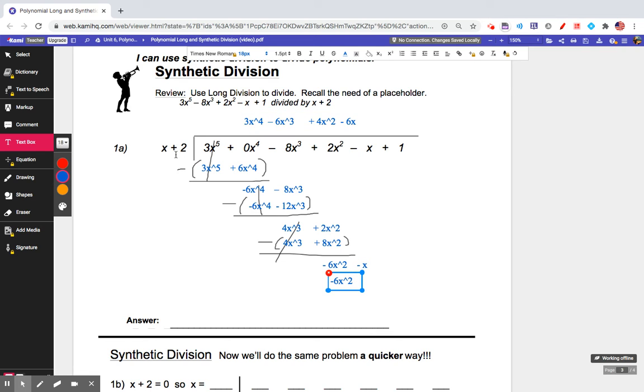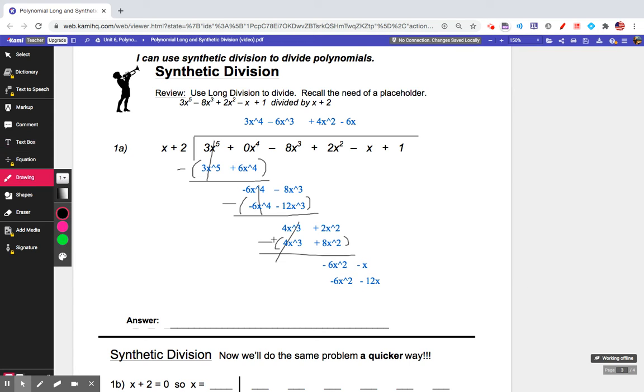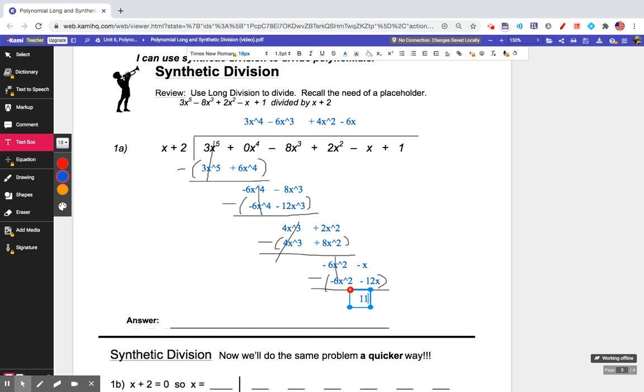A negative 6x times 2 is negative 12x. And then I subtract and I bring down. Negative, a negative is positive. These cancel. Negative x plus 12x is 11x. Bring down the plus 1.